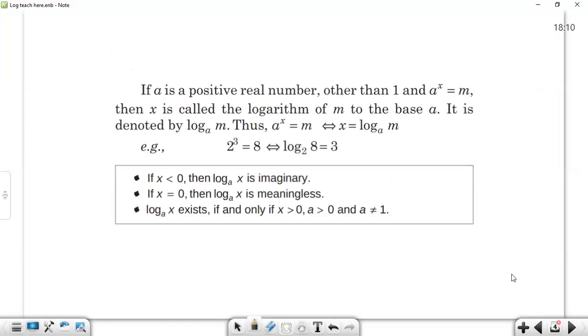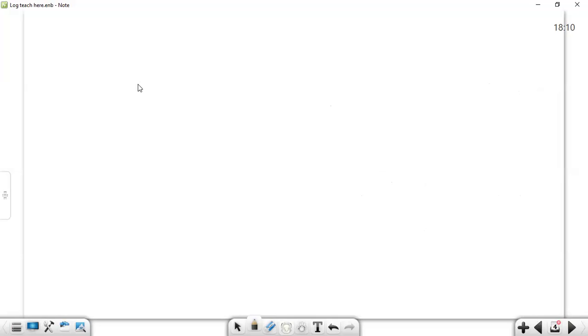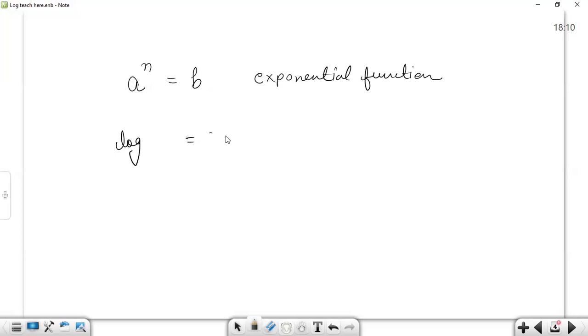Yes. So let me give one more example. If there is a base a raised to power n, and the result is coming as b, this is an exponential function expression. But when we have to write it in the format of a logarithm, the logarithm function will give the output as the power.